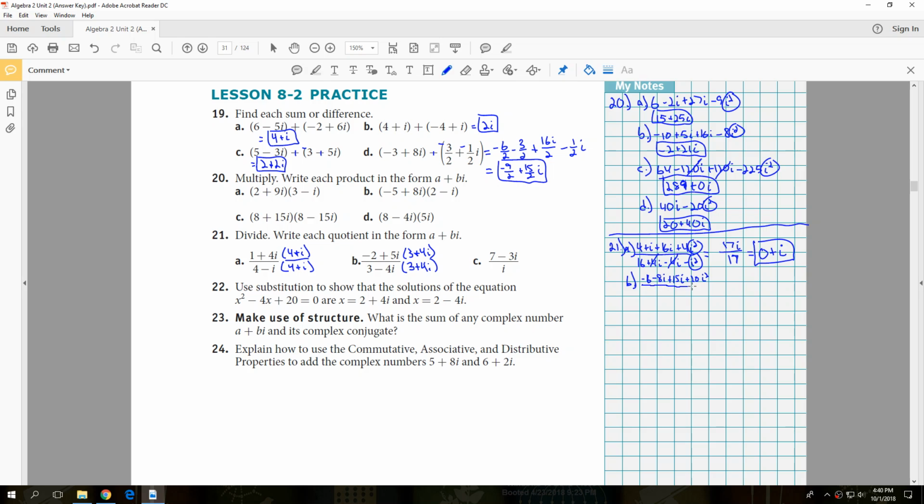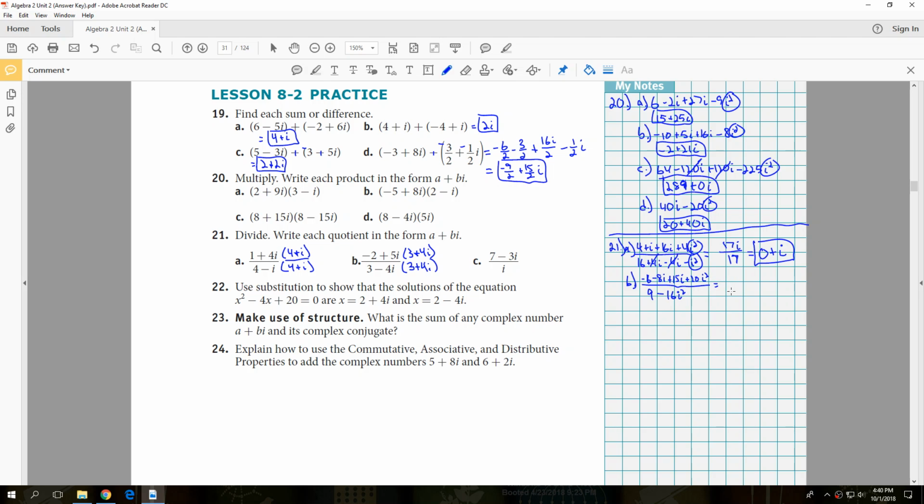Alright, all over, and this time I'm going to do a shortcut here because I know that the middles are going to cancel, so I should just get a squared and then b squared. So that would be 3 squared, which is 9, and then minus 4i times 4i, which is 16i squared.